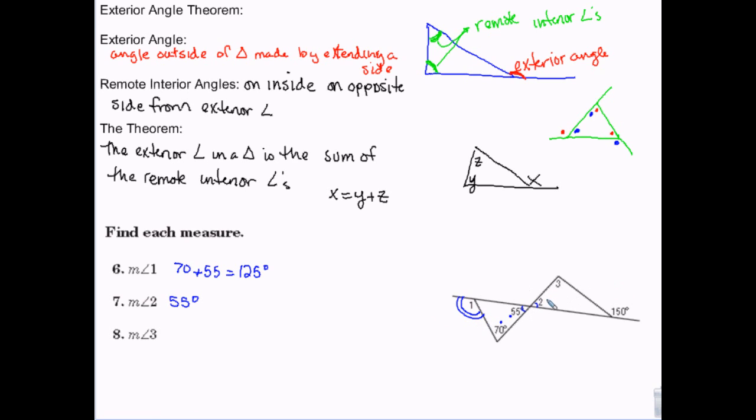Now I know that this one is 55, and I know that this one is equal to these two added together. So the 150 is equal to 55 plus angle 3. So how I would find angle 3, I would subtract 150 minus 55. You don't even have to write this part in there. I just wanted to show you what we're doing. So once you have one of these angles and you know the exterior, you subtract one from this one, and that tells you that one.